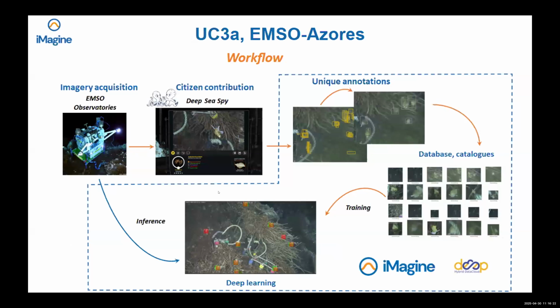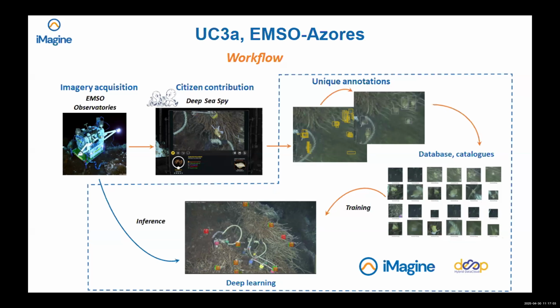Okay. Now I'm going to present the pipeline that we implemented in the frame of this use case. As Catherine said previously, we use citizen data from the DeepSea Spy platform to train an AI model to automatically recognize deep sea species in images collected from seafloor observatories.